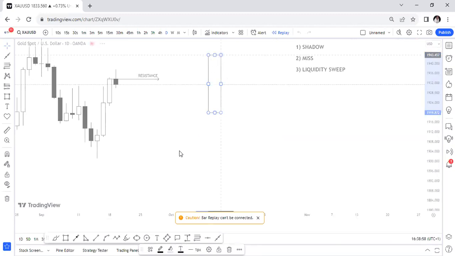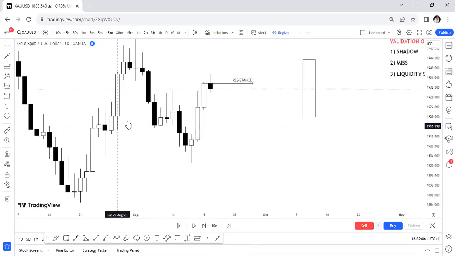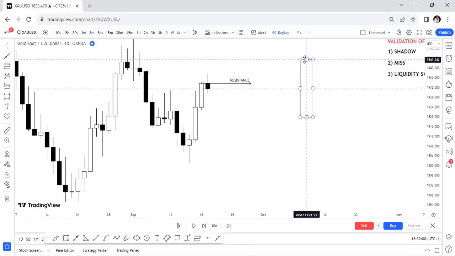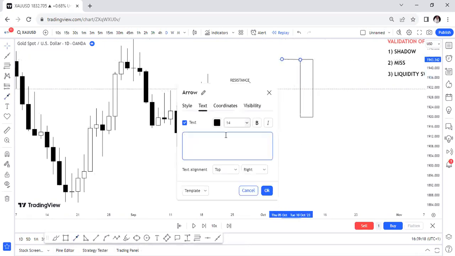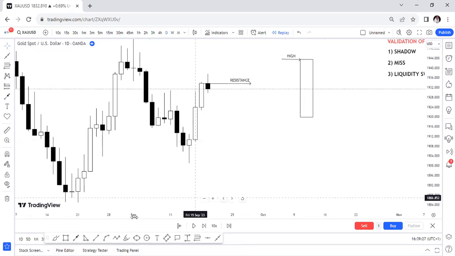By the time this candle starts coming down, this is the high of the candlestick. We want to go back to how a candlestick is formed. So that's the high of the candlestick, while this is the low of it.